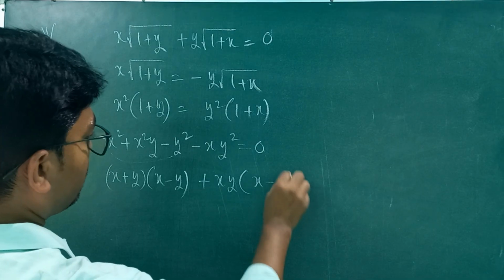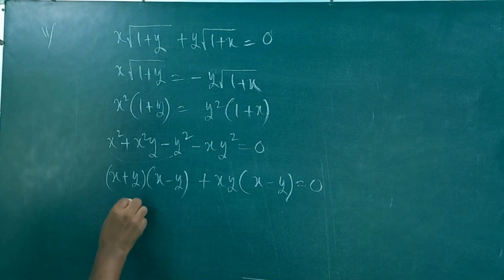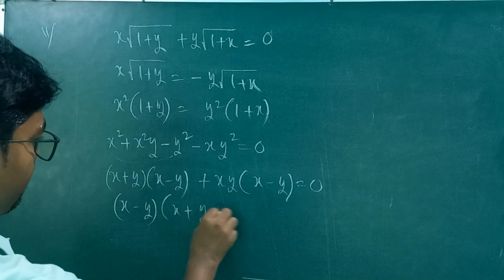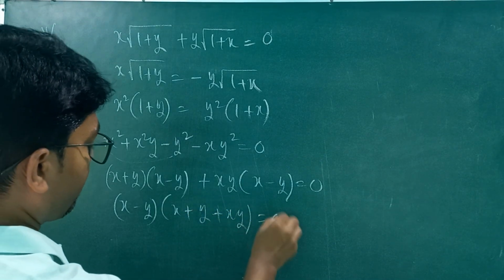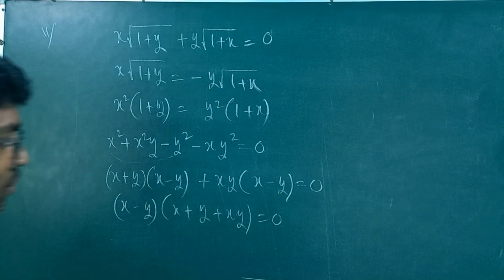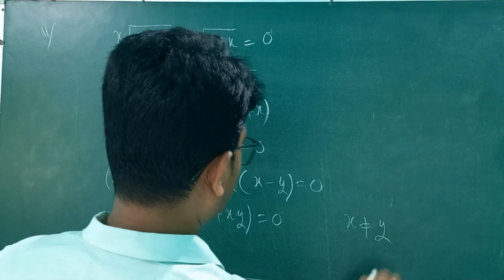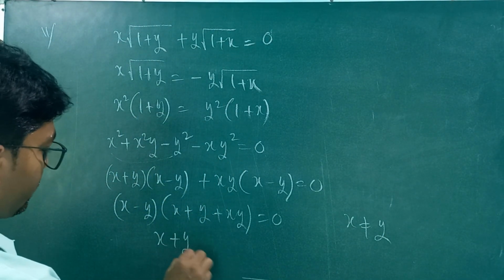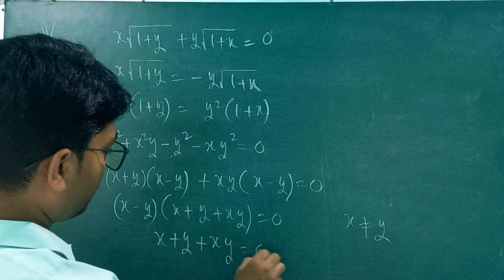xy, (x minus y). Now here x not equal to y, so this term becomes 0. So only you get x plus y plus xy equal to 0.